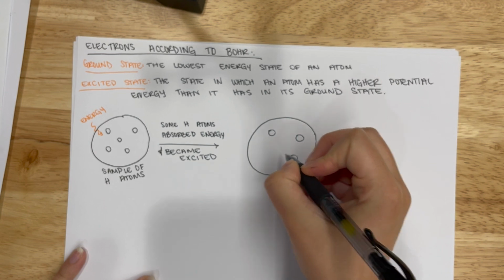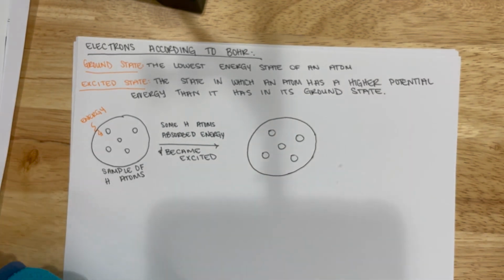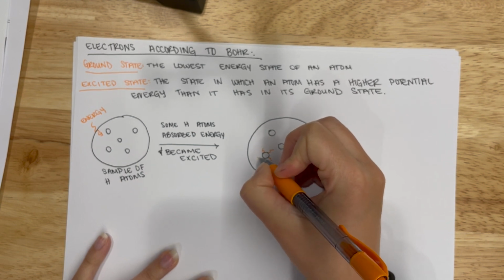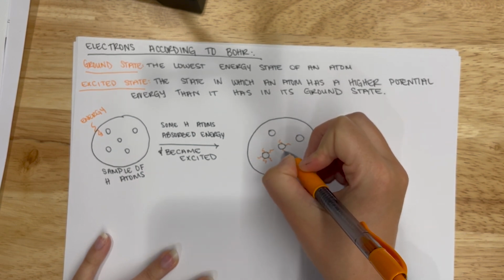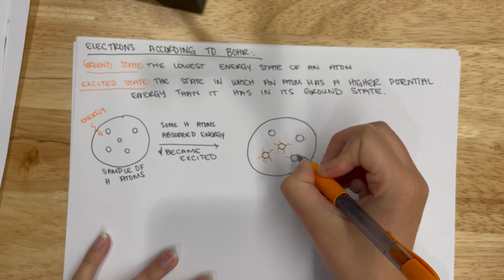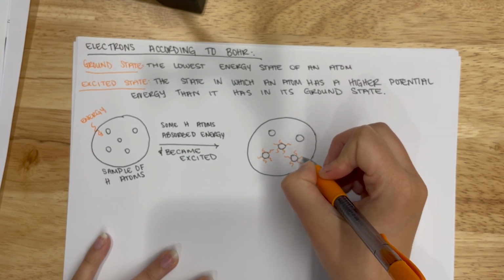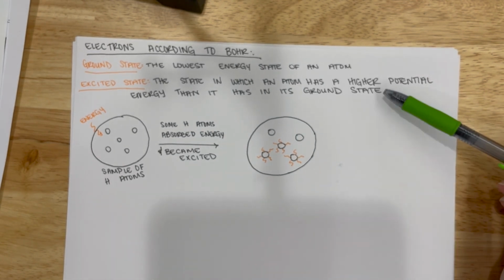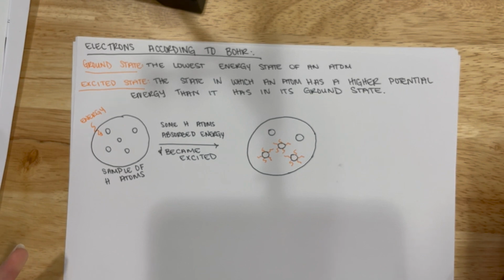Right, we have our sample. And a few of these atoms, right? They're excited. This is how I'm going to show they're in their excited state. But do we think we want to stay in our excited state forever? Probably not, right?